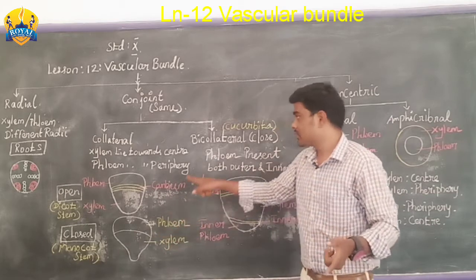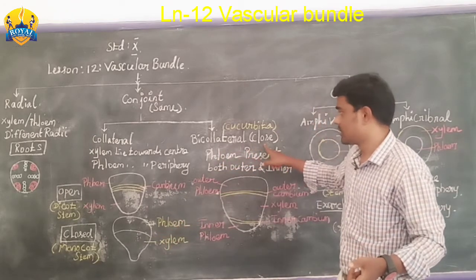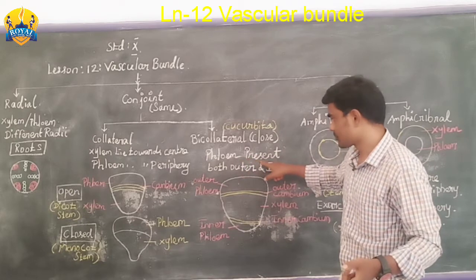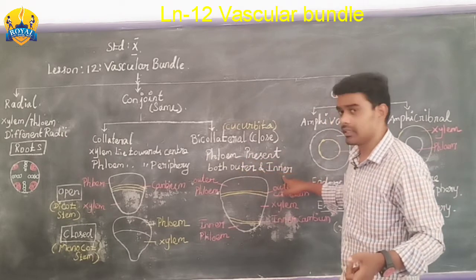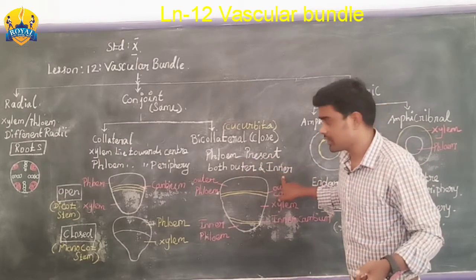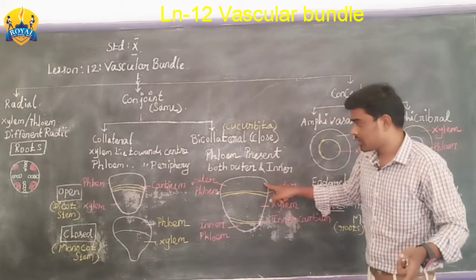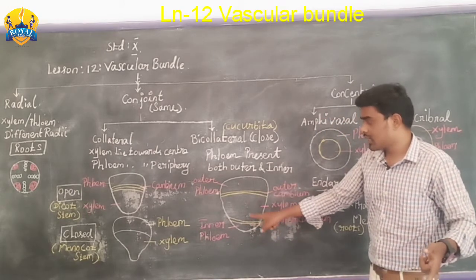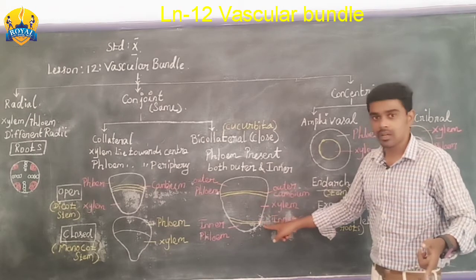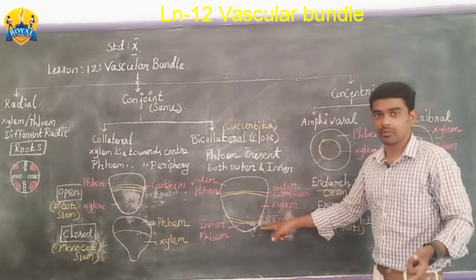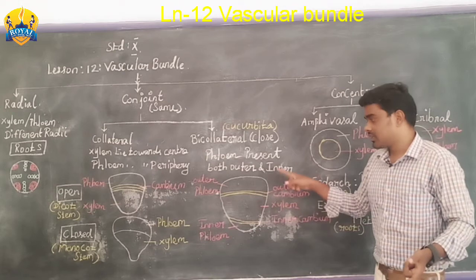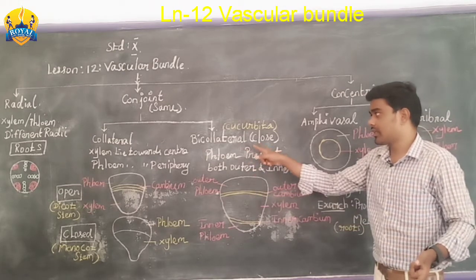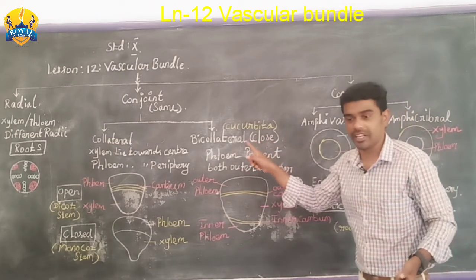Next, bicollateral has phloem on both the outer and inner sides, with outer cambium and inner cambium dividing the xylem and phloem. It is present in the Cucurbitaceae family.